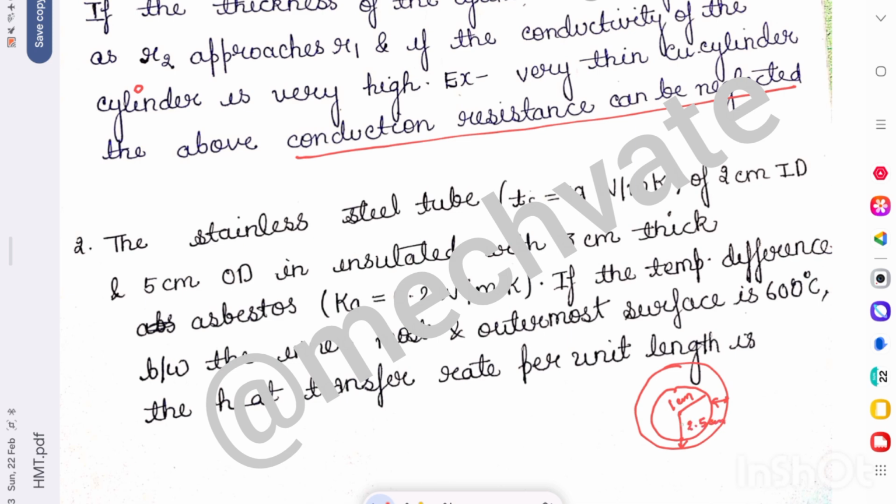So the thickness is 1.5. There is an asbestos layer whose thickness is 3 centimeter. So this radius is 2.5 plus 3, which is 5.5.